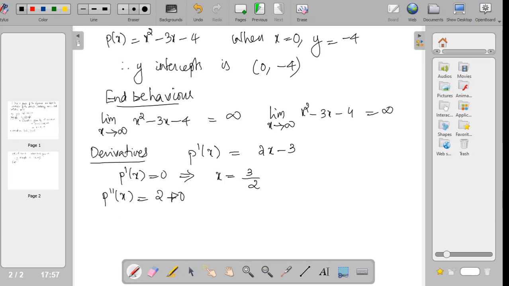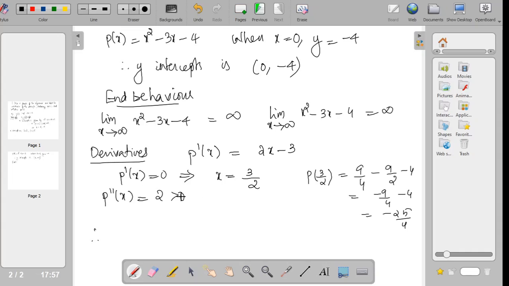When x is equal to 3 by 2, y will be p of 3 by 2, so you will get 9 by 4 minus 9 by 2 minus 4. So that is minus 9 by 4 minus 4. So that is minus 25 by 4.